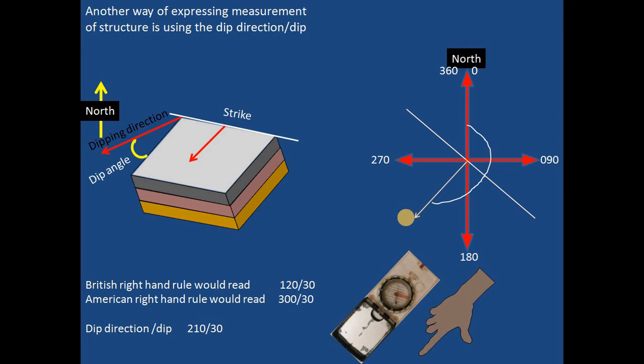So if someone gives me data taken by the British right-hand rule, what I'll do to convert them into dip direction and dip is just add 90. And if someone gave me the data collected using the American right-hand rule, to convert them into dip direction and dip, I will just subtract 90.